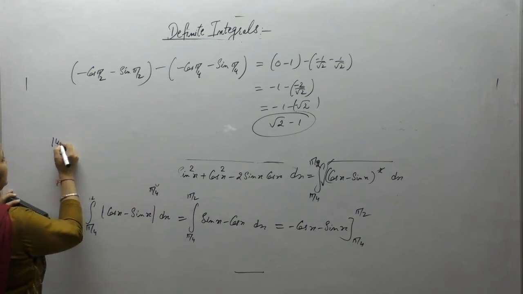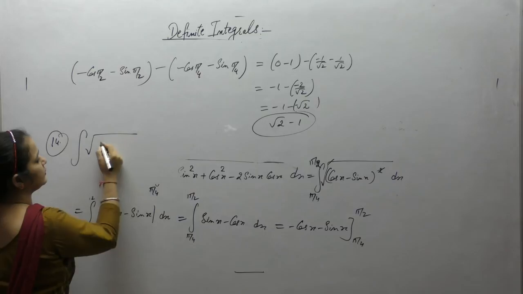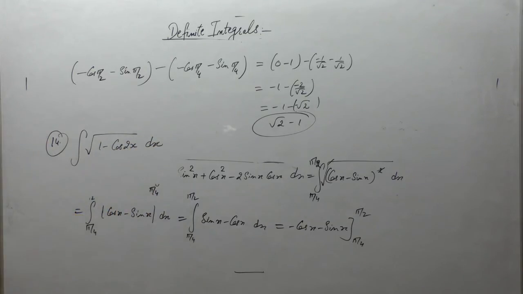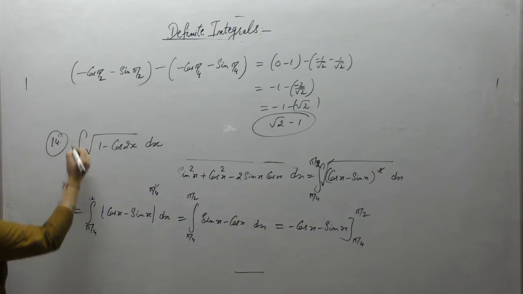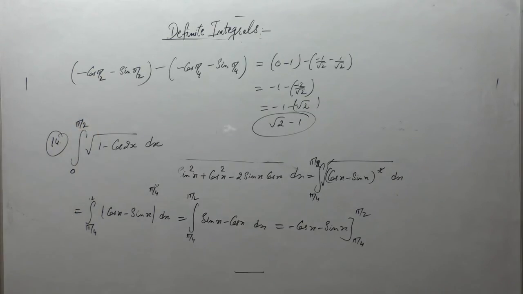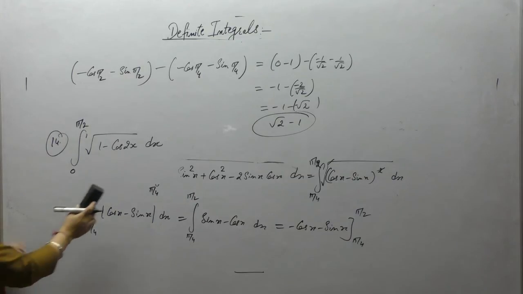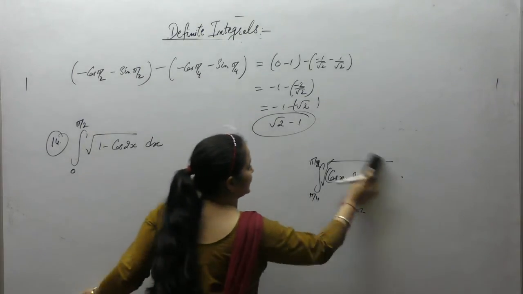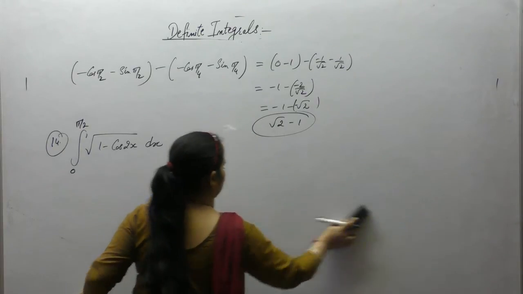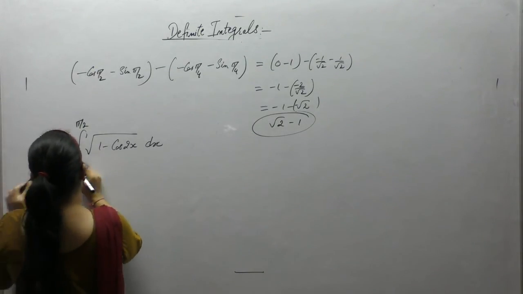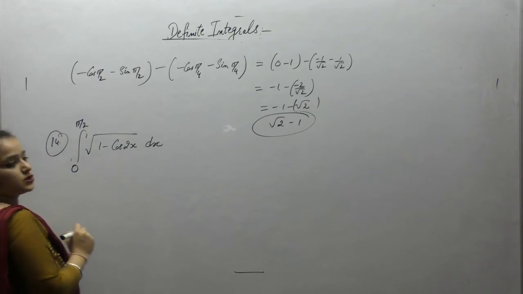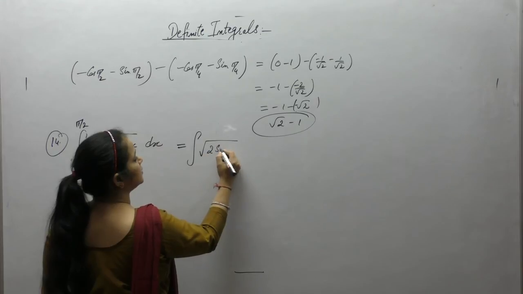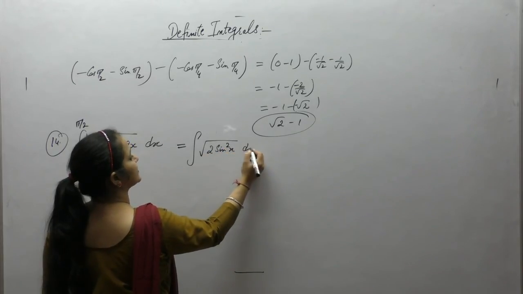Now the next one is the integral of square root of 1 minus cos 2x, and the limit goes from 0 to pi by 2. Now 1 minus cos 2x is equal to 2 sin square x. We just used the formula sin square x is equal to 1 minus cos 2x upon 2, so 1 minus cos 2x is equal to 2 sin square x.